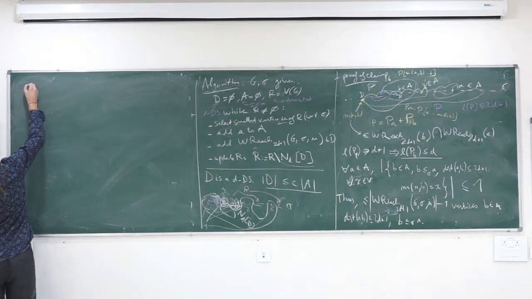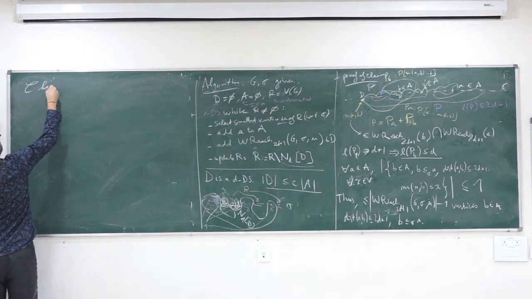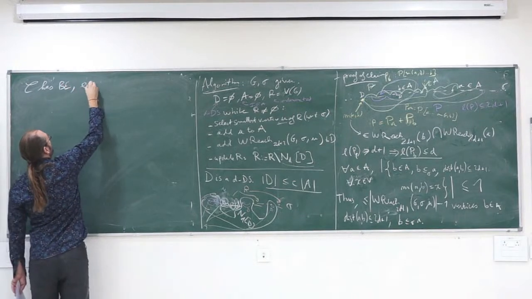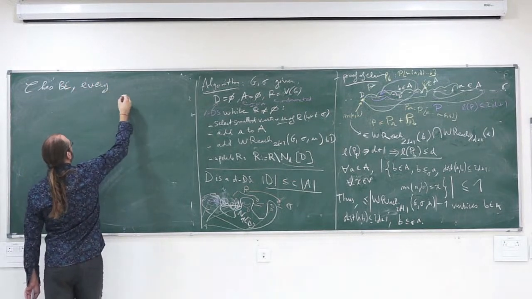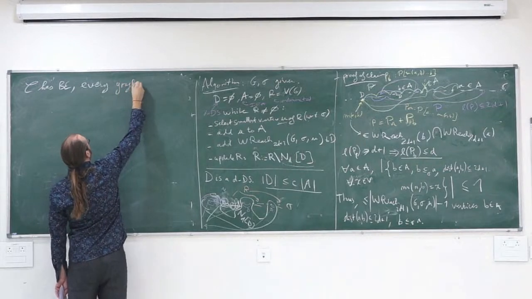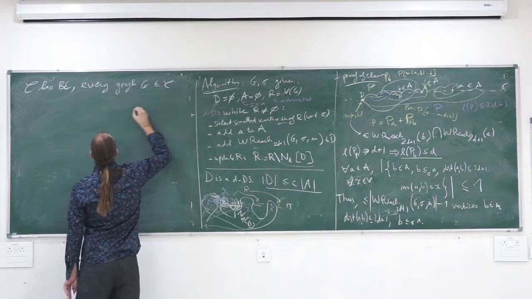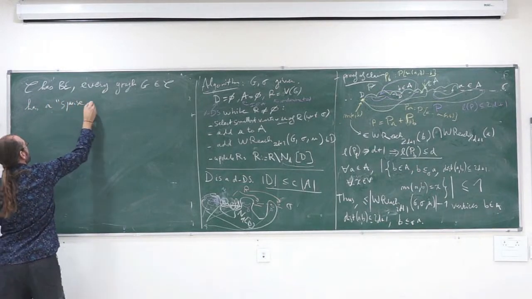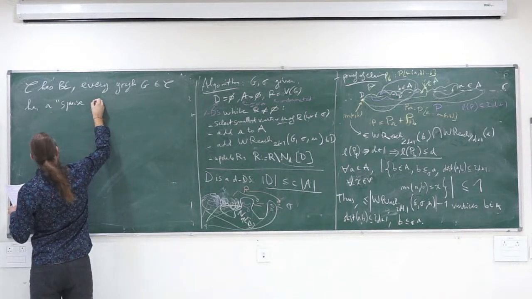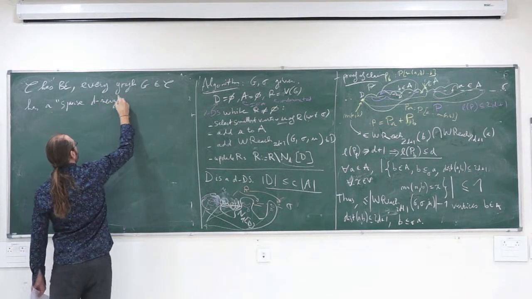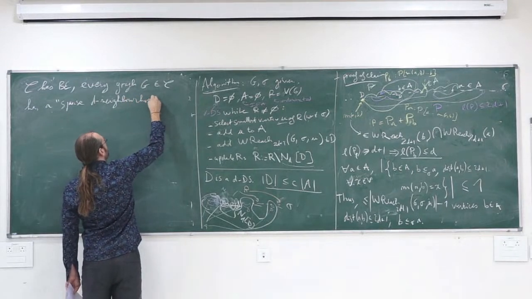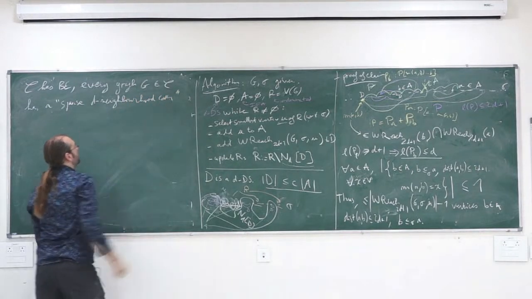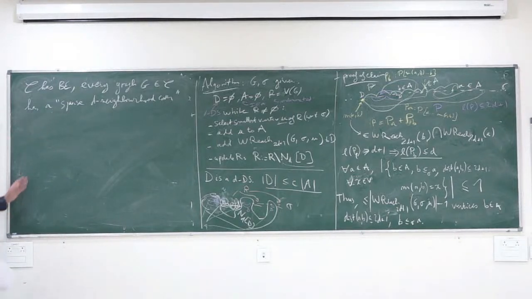If C has bounded expansion, so I'm not going to define this globally, every graph G in C has a sparse neighborhood cover, and this can be very useful in some applications. Again, I'm not sure if this is a characterization, but at least I've seen that they have this property.